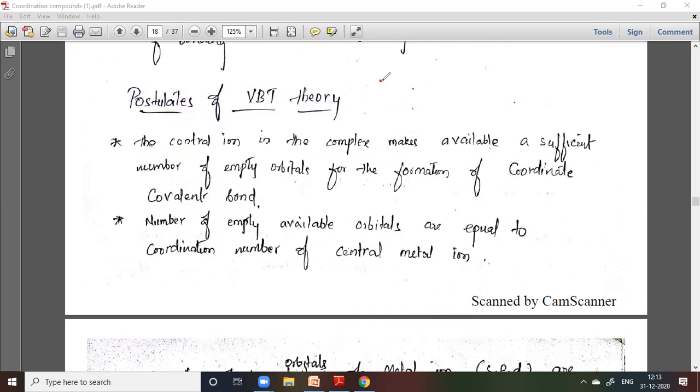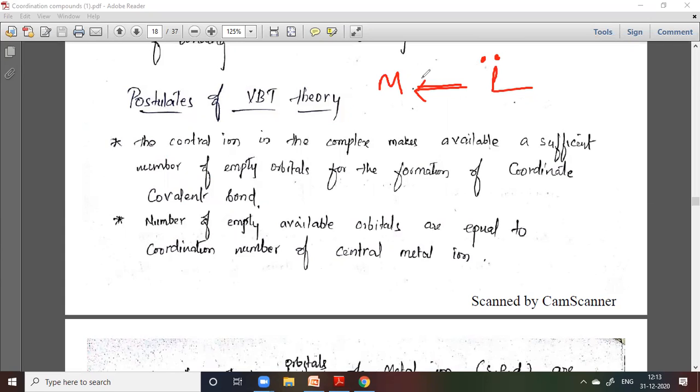That means you should understand one thing here. Metal and ligand form a coordinate covalent bond by the donation of a lone pair of electrons from the ligand. So this ligand is donating its electron to this central metal ion. So this metal should have sufficient empty orbitals.